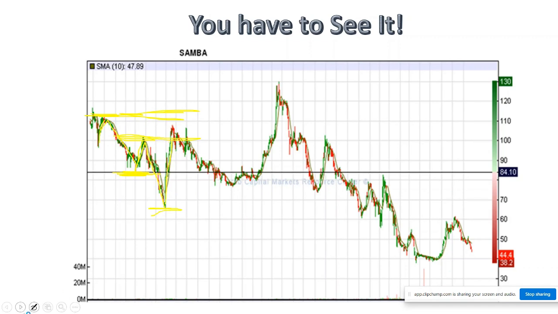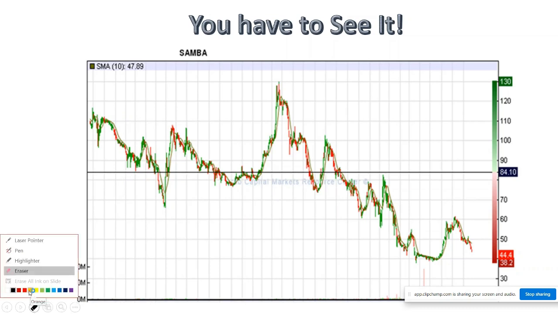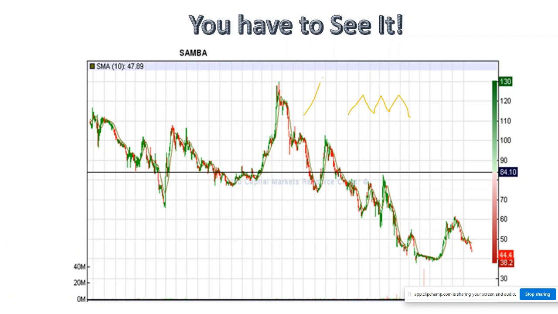So to set your profits, what you would do is you would look at your barricades. Let's say a stock is doing this. Let's say the stock did this, and then it started going sideways, right?